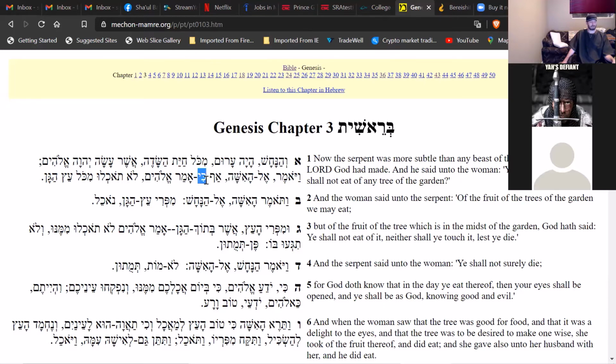This word here, Tav and Yad, is key. And that's a reference to for, but it's not translated as for in this text. It's just unto. So they translate that.